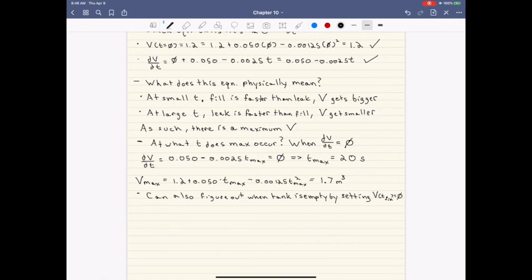Okay? And so if we go back to our V(t) expression, set it equal to 0, and then plug in on the right hand side. So let's say this time corresponds to t fin, or t empty, you could call it as well.